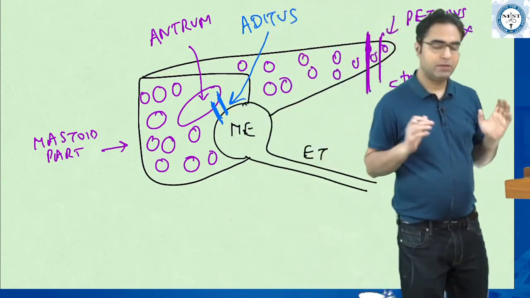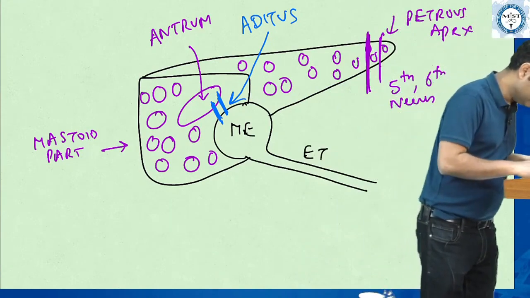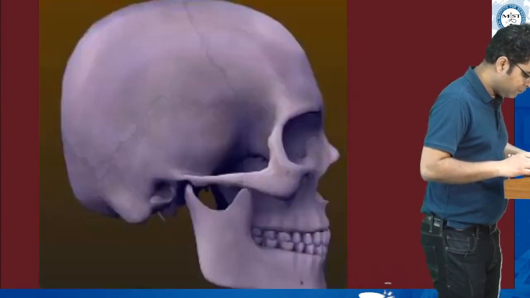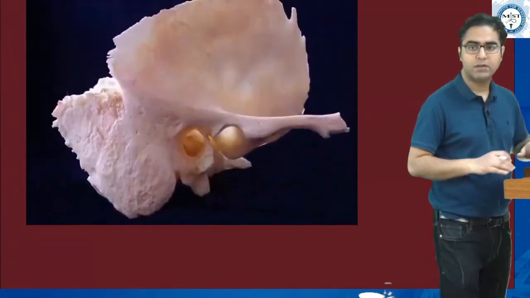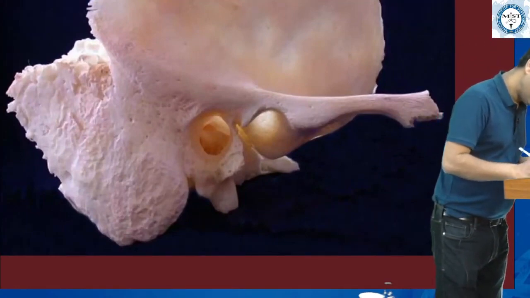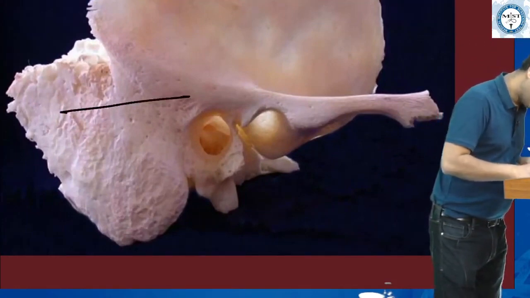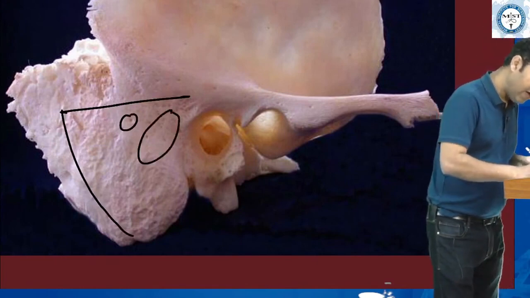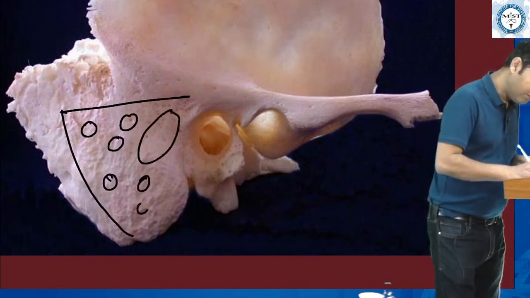Now let us start imagining it further, beta. Everybody, look at the screen. This is your temporal bone. This is the mastoid part of temporal bone. There are many cells in that. This antrum is the largest cell, then small cells.